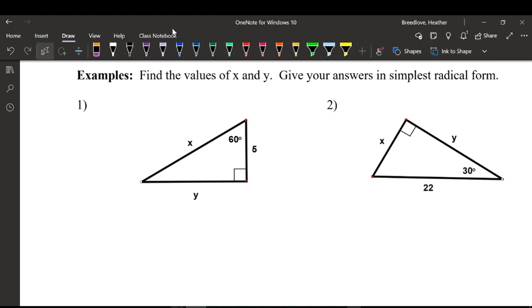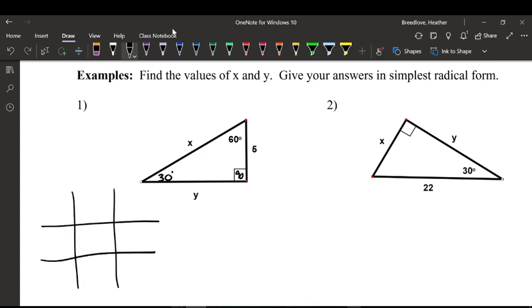All right. So we're going to solve for x and y and give your answers in simplest radical form. The first thing I'm going to do is I see 60, I see this is 90 if you have the box. So the other one must be 30 degrees. So a 30, 60, 90. And that is going to set up as A, A square root 3, 2A.